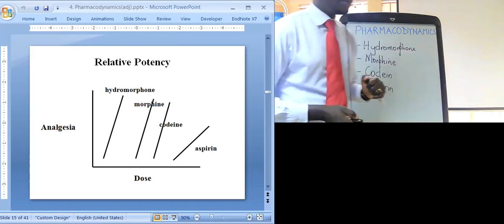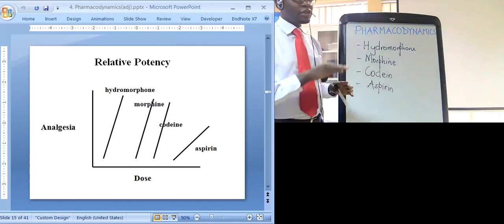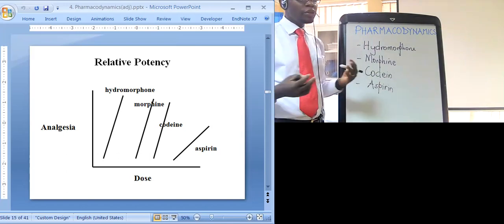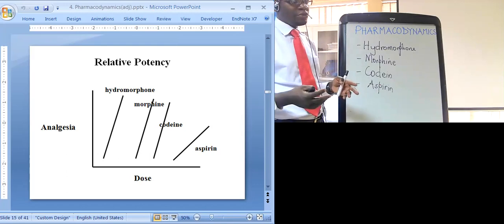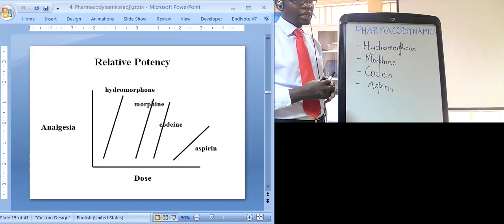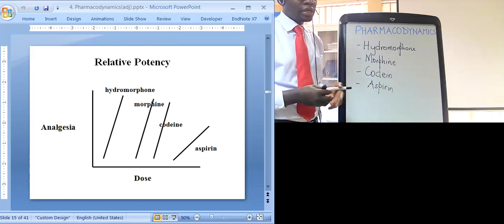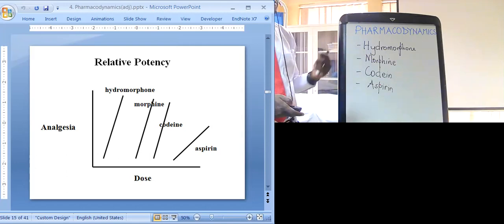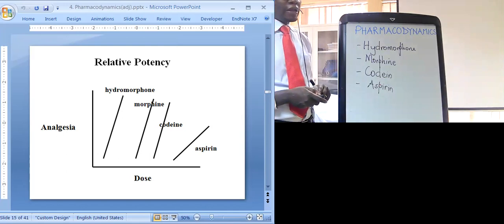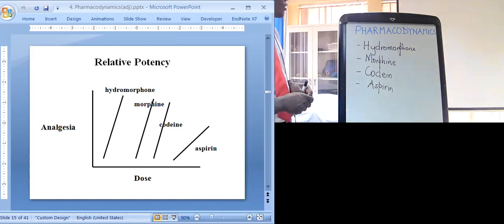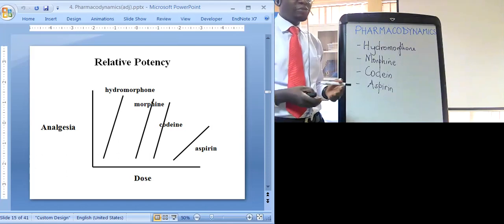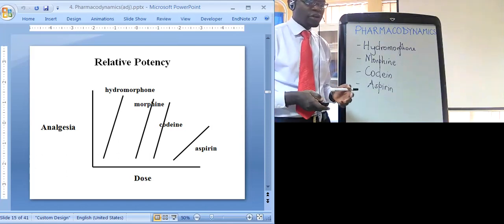But as you can see on the diagram, they have similar indications. On the other hand, if we compare aspirin and codeine, again, we can see that codeine is more potent and more efficacious compared to aspirin. And so that is basically a chart depicting the relative potency of these drugs.